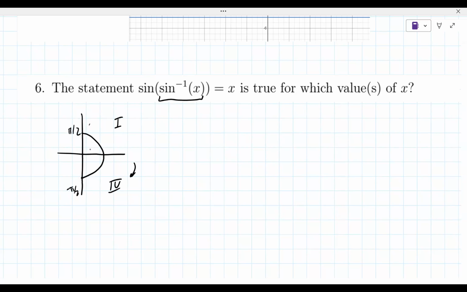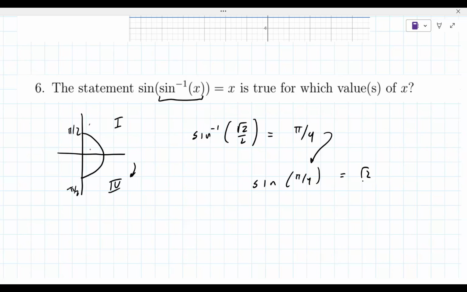For example, if I asked you for the arc sine of square root of 2 over 2, you would know that that's pi over 4. And then the sine of pi over 4, the output becomes the input. Does that equal square root of 2 over 2? It does. That's great.